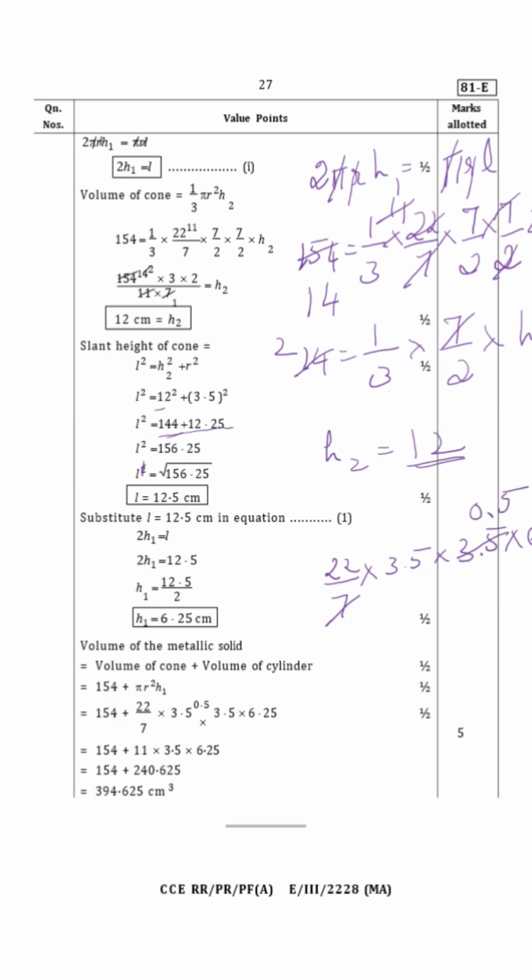If you multiply these, 22 into 3.5 into 0.5 into 6.25, what will you get? 240.625.